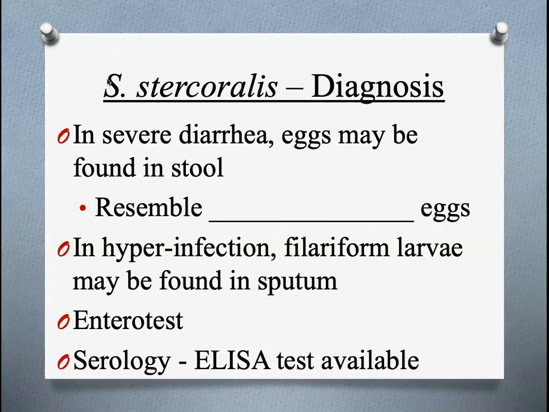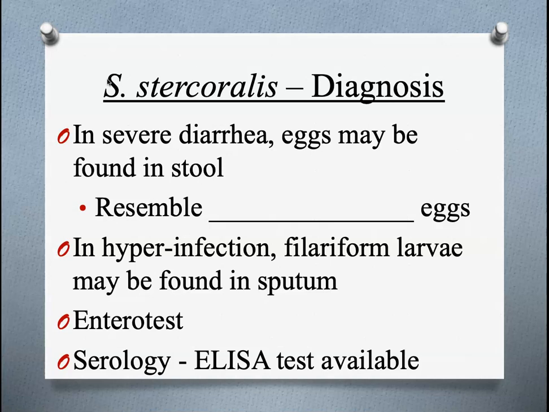So along those same lines, to make things more complicated, if the patient has severe diarrhea, eggs may be found in the stool with a Strongyloides infection. So if the eggs don't have time to hang out in the intestines, if there's constant passage of feces, watery passage, the eggs may be found in the stool and not the rhabditiform larva.